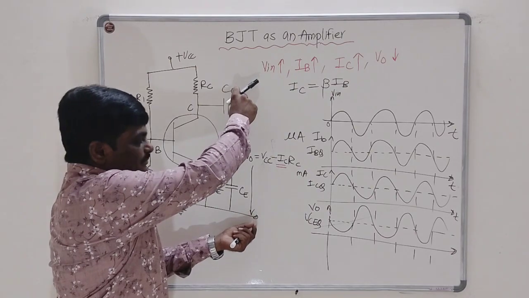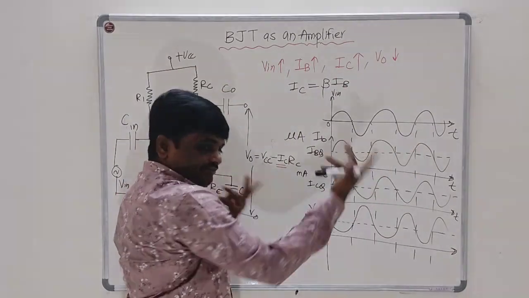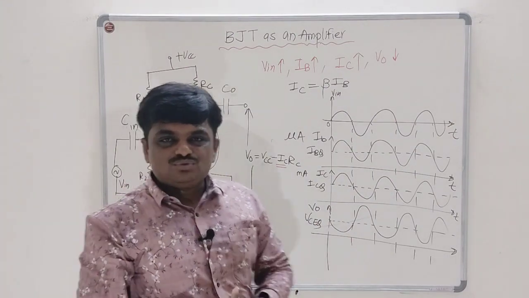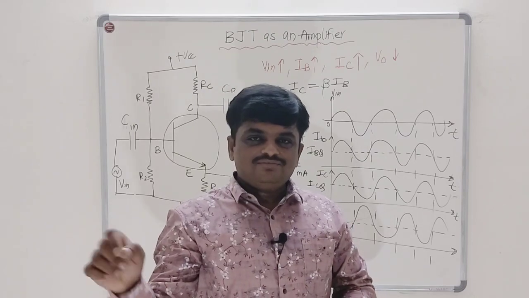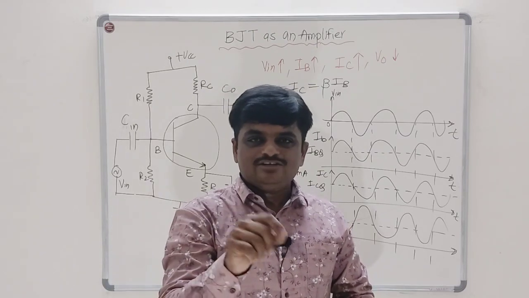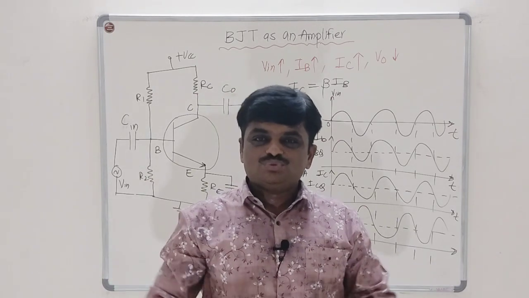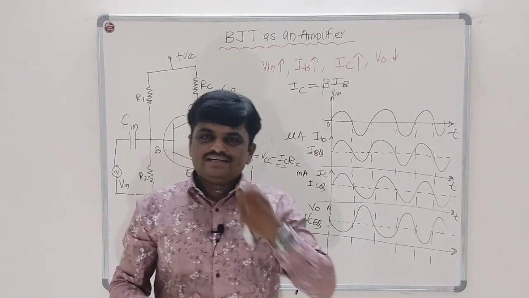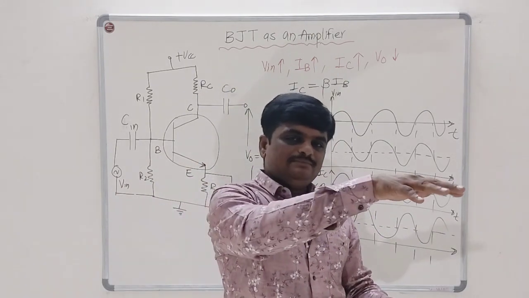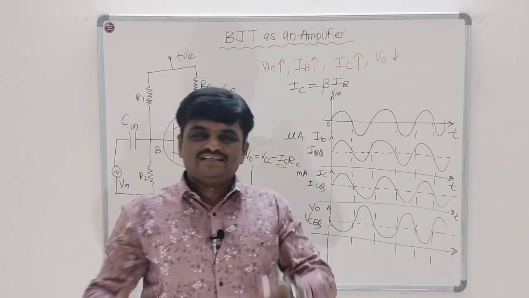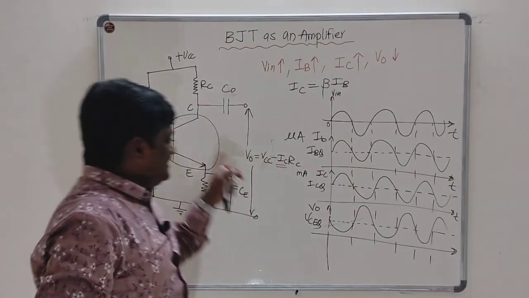If you give the output of this first stage as an input to the next stage, it will be a two-stage amplifier, and in a two-stage amplifier there will be multiplication of gain. Say the gain of the first stage is G1 and the gain of the second stage is G2, then the resultant gain will be G1 multiplied by G2. Again, if you connect the output of the second stage as an input to the third stage, it will be a three-stage amplifier. Likewise, you can have a multi-stage amplifier to increase the gain, but here it is a single-stage amplifier.